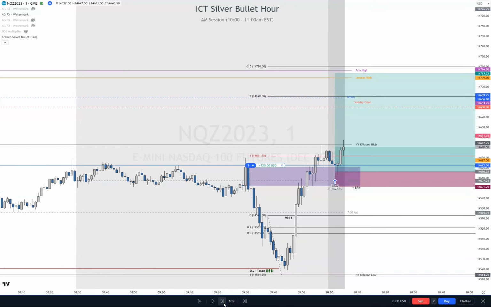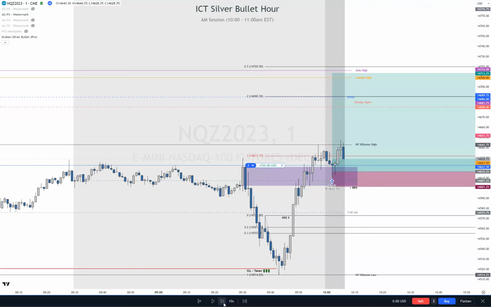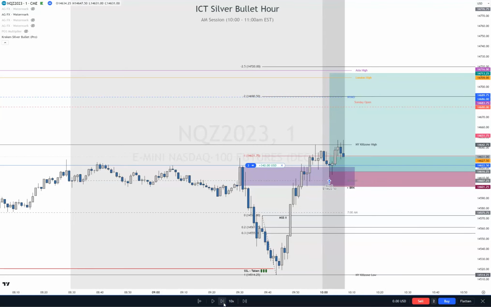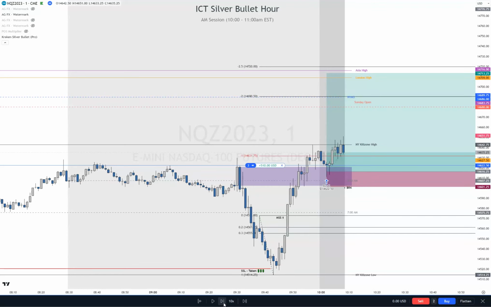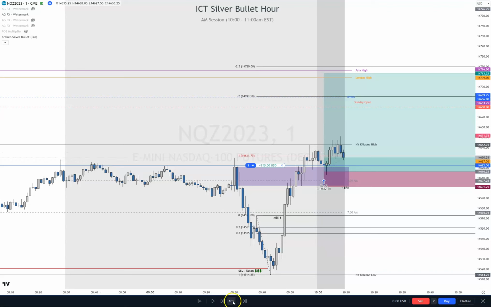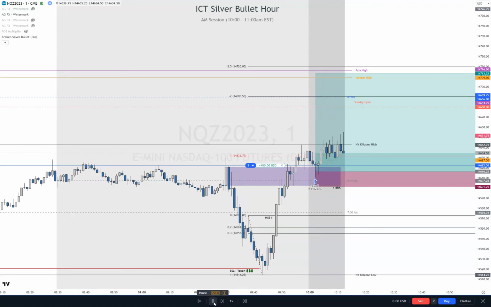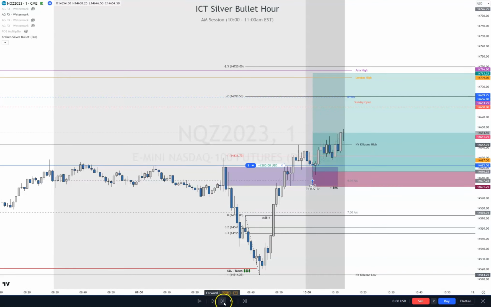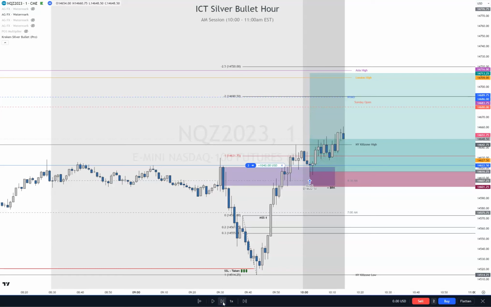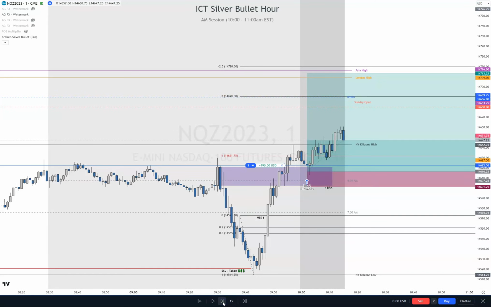Okay, took out New York Killzone high. I don't really like it that way. I really like seeing the double movement versus the automatic.